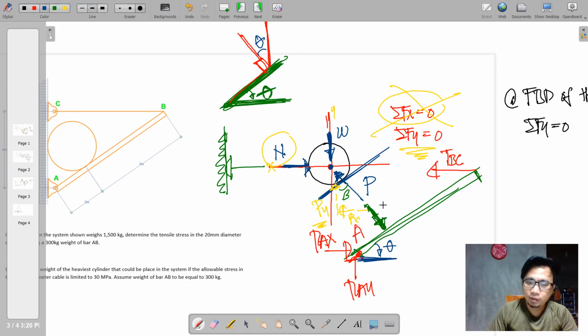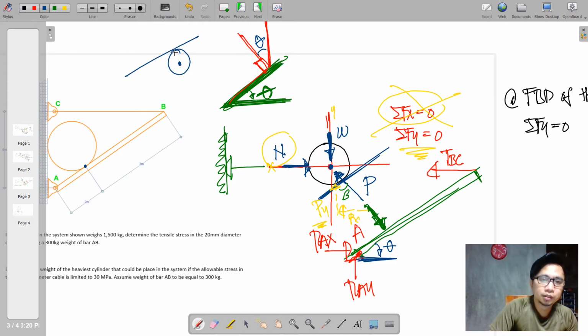Remember that the surface at this point between the cylinder and the bar is a tangent line on a circle, and a tangent line on a circle is also always perpendicular when it is projected to the center.